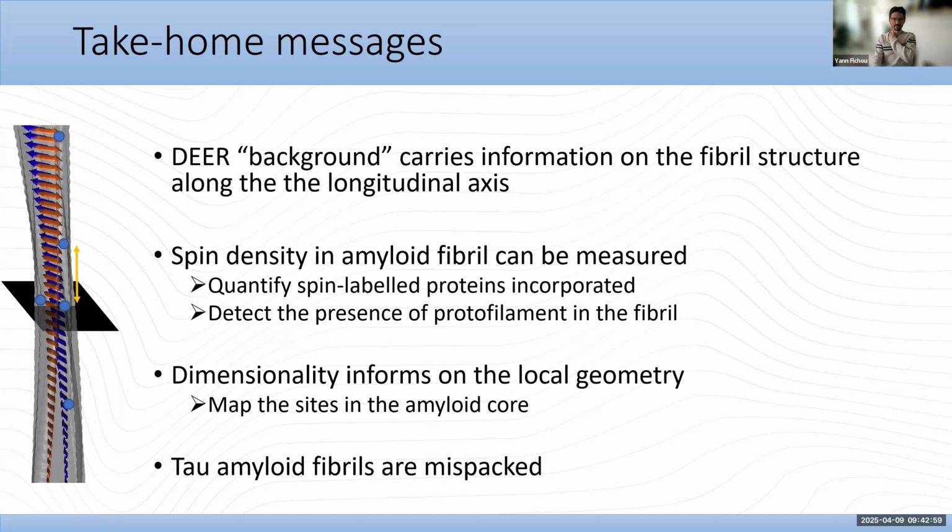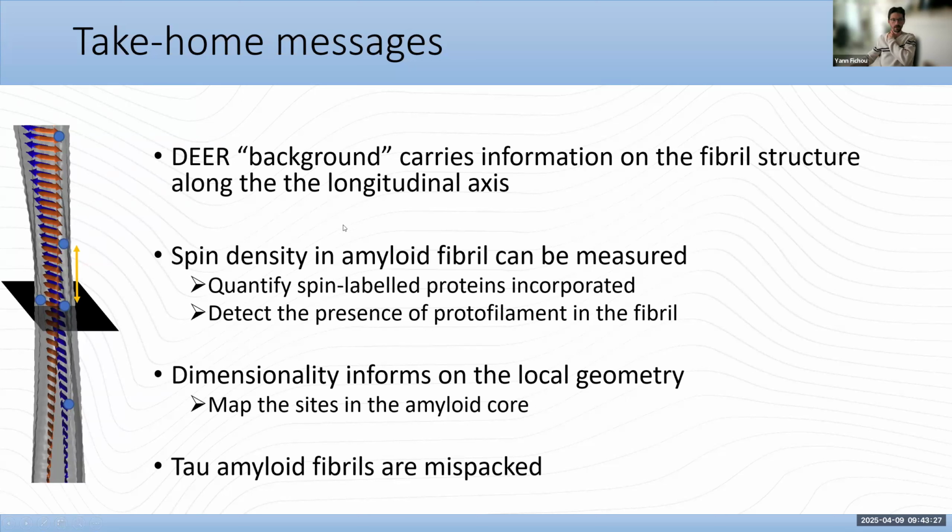What I showed you is that this background actually might be carrying some information, and it's interesting because the methods that you have to actually look at the longitudinal axis are very limited. Often you just have to assume that they're fully packed, because otherwise you would just be blind in the reconstruction.